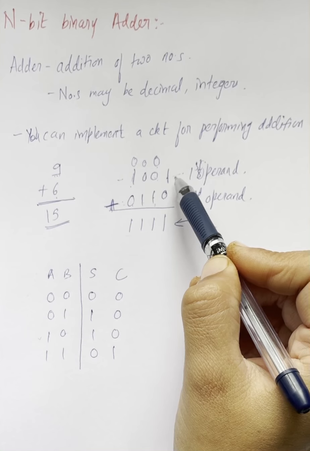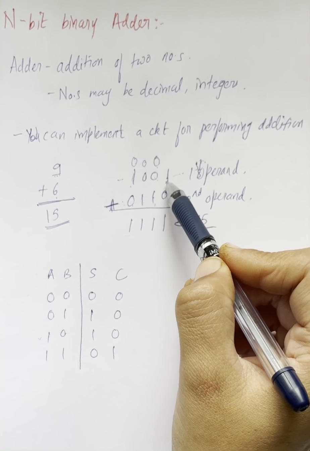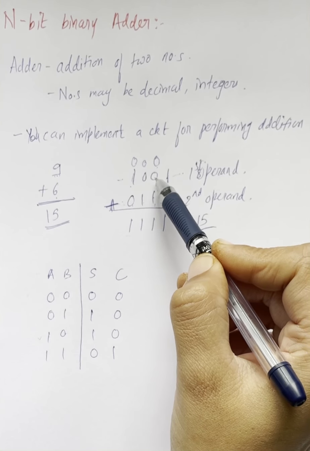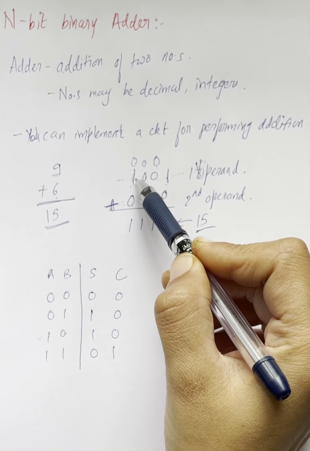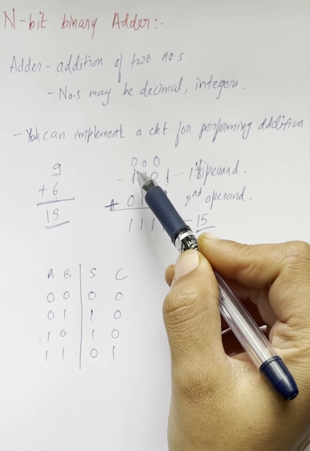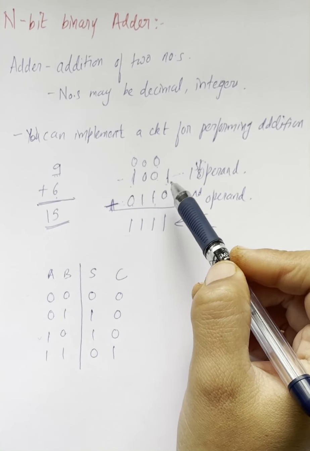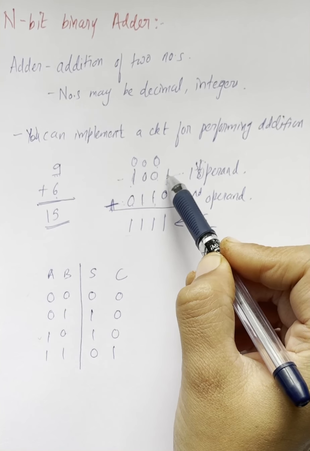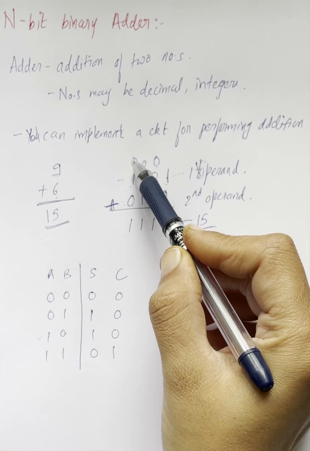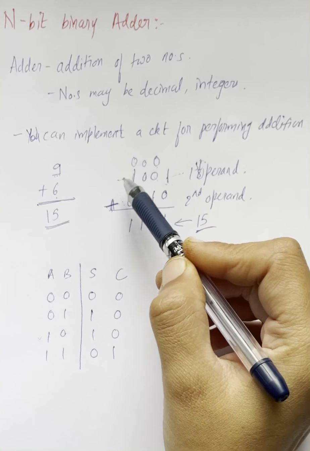Then after that I started with the rightmost column and performed the addition operation up till it reached the leftmost column. We have to perform the same action up to the leftmost column, going from right to left, column wise, right?